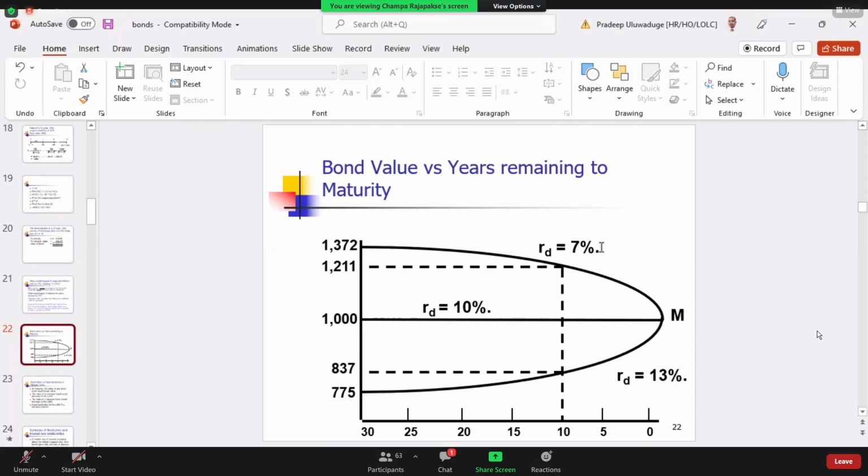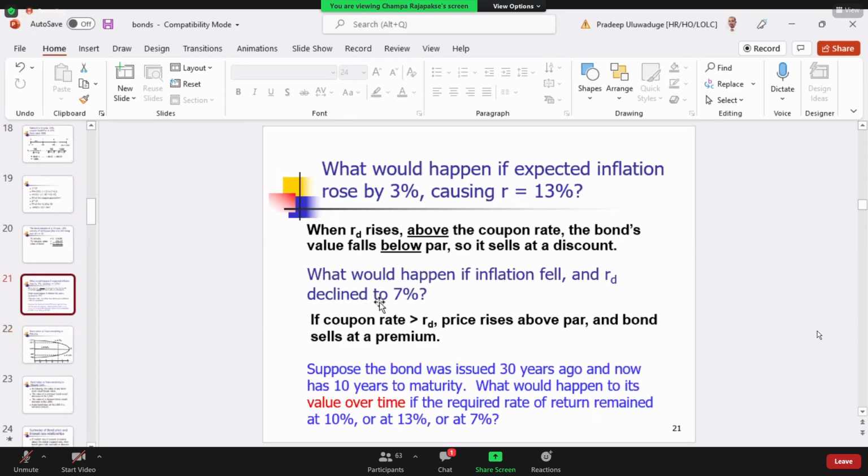And if the interest rate is 7%, we said that the bond will sell at a premium if the interest rate is less than the coupon rate, right?